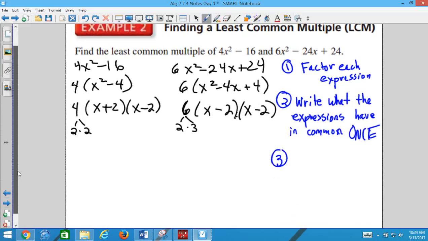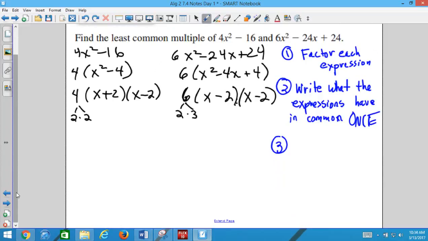So write what the expressions have in common once, and then my third step is write everything else. Okay. So we're going to write what they have in common once, then we're going to write everything else.